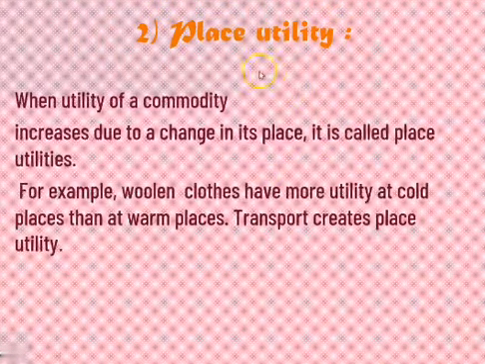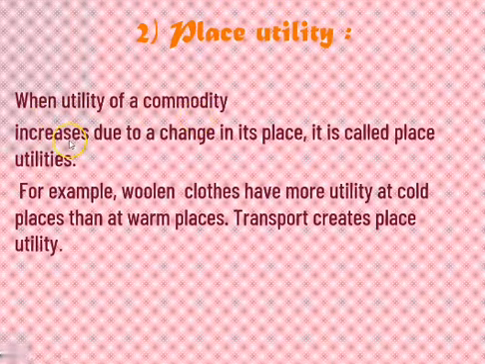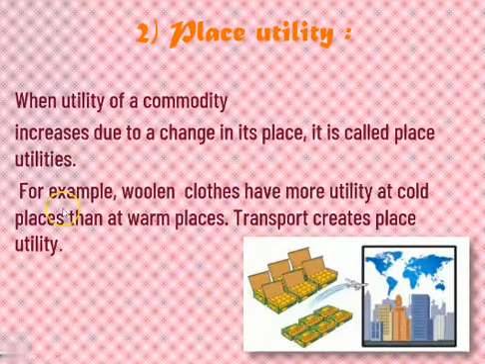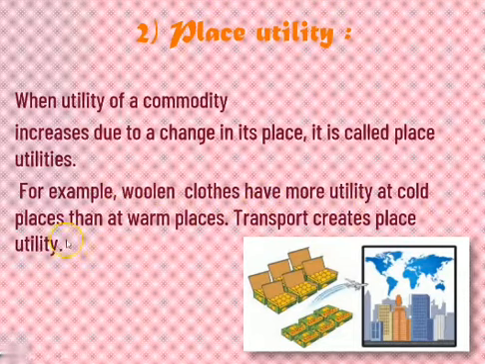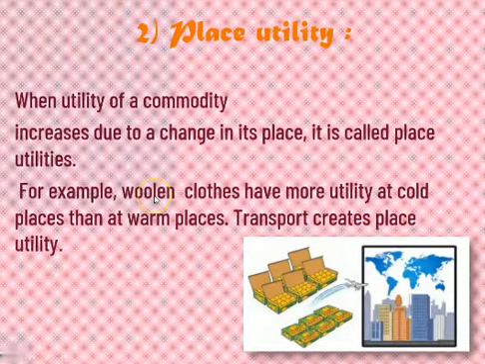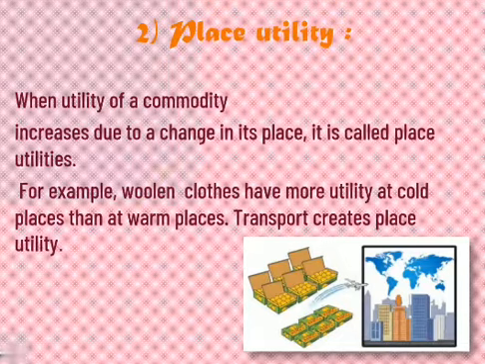Second, place utility. When the utility of a commodity increases due to a change in its place, it is called place utility. For example, woolen clothes have more utility at cold places than at warm places. Transport creates place utility. Already in the previous class we have done that utility changes from place to place and time to time.